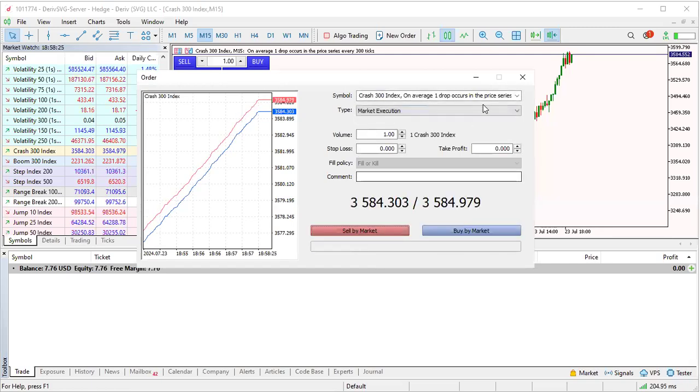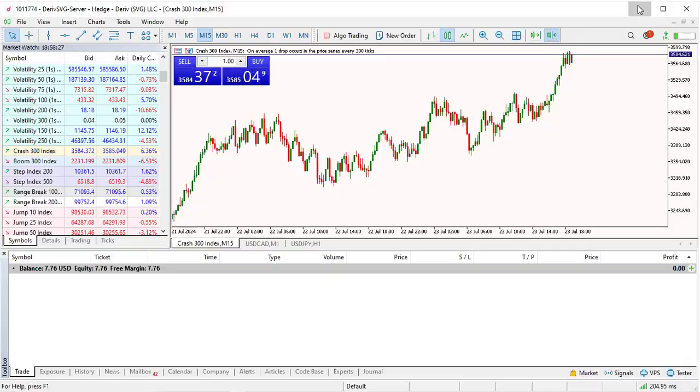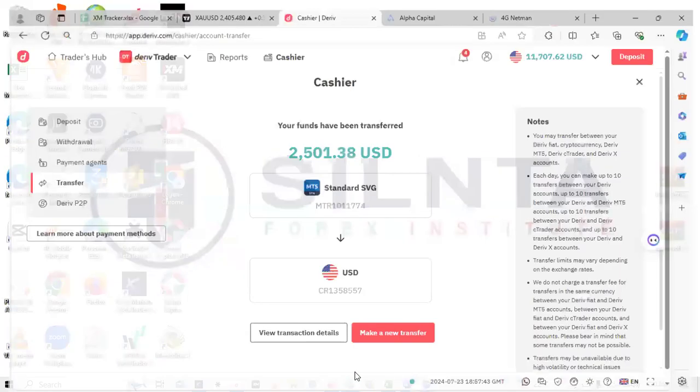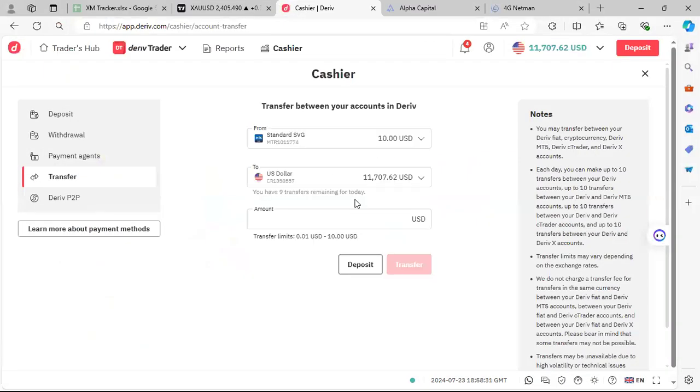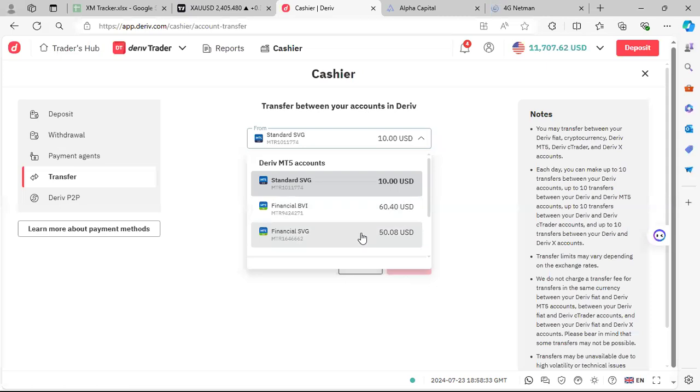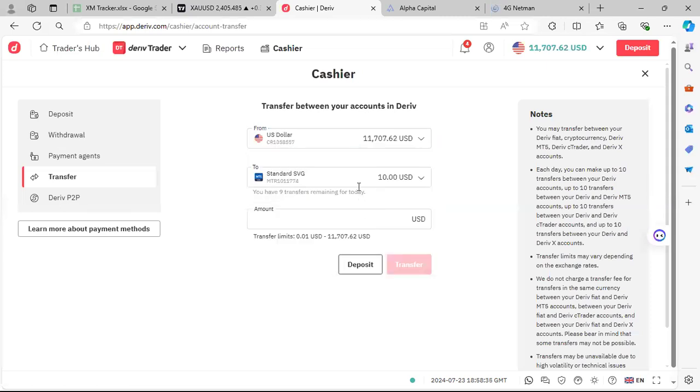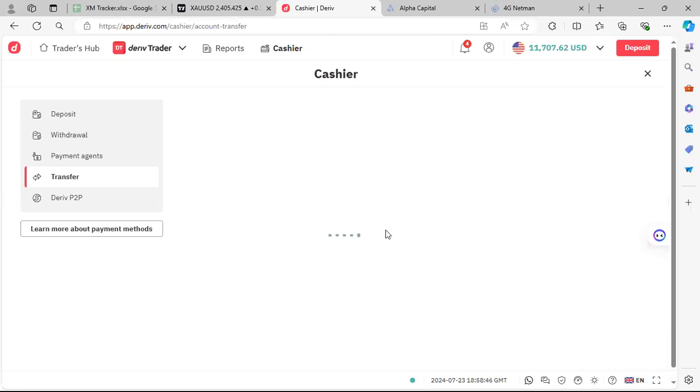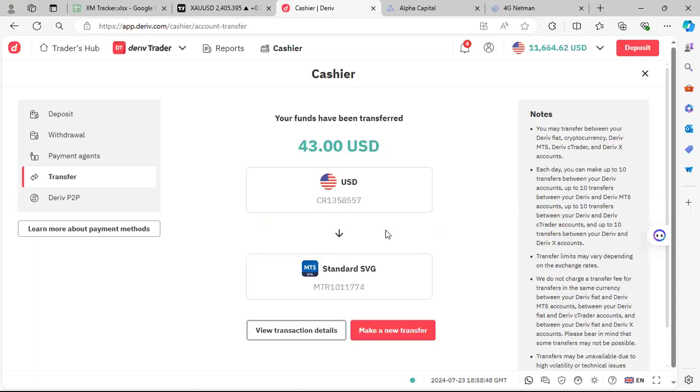Not enough money, okay? Let's transfer maybe $20, for example, or $50. Let's just make a new transfer. We are transferring $50. Now we need maybe 43 for us to make 50. And keep in mind, you are only allowed to make 10 transfers per day with Deriv.